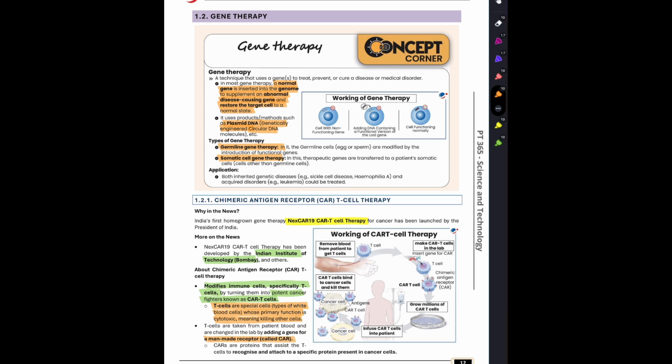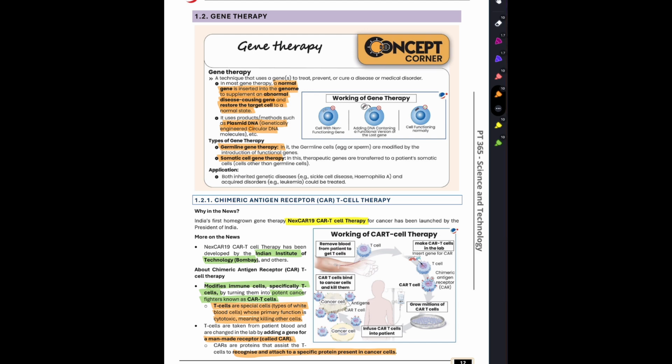CARs are proteins that assist the T cells to recognize and attach to specific proteins present in the cancer cells. They help in identification and recognition of specific proteins present in cancer cells. They actually help the T cells identify the sites where they need to bind themselves.